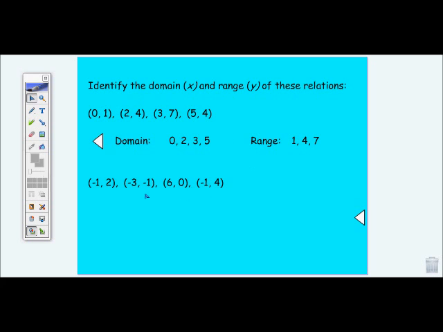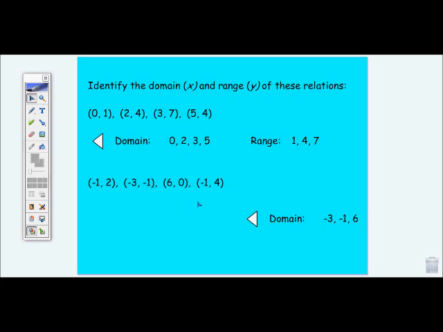Doing that same thing to these 4 sets of coordinate points, I look at my x's, I put them in numerical order for my domain answer. The domain there would be -3. That's the smallest number, the furthest left on a number line. Then we have -1, in which we have 2 of those.